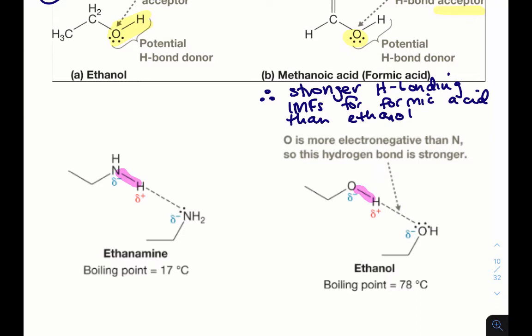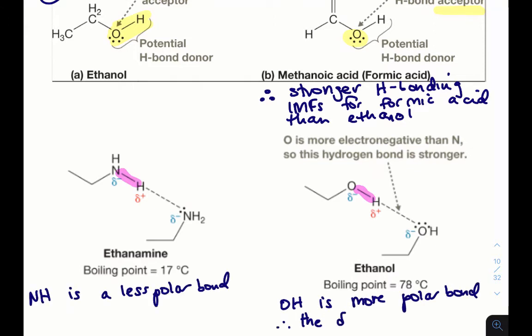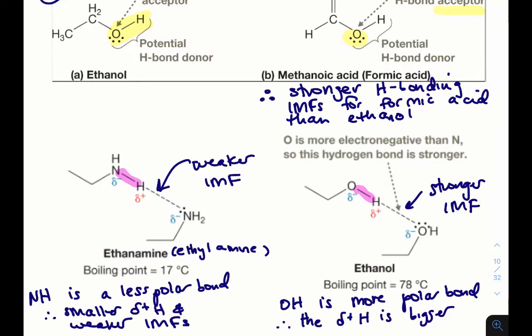And we would see that because O-H is a more polar bond than N-H, the partial charges on oxygen and hydrogen are bigger for the O-H bond in ethanol, and so we're going to have a stronger intermolecular force of attraction between molecules of ethanol versus molecules of ethylamine. This is reflected in the much higher boiling point of ethanol.